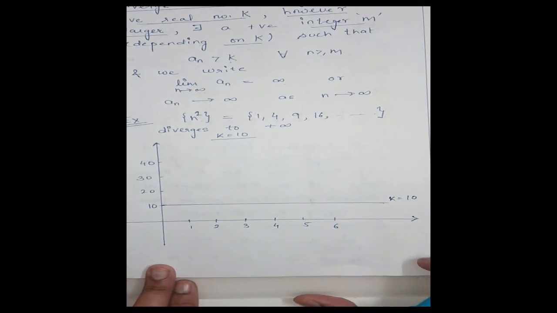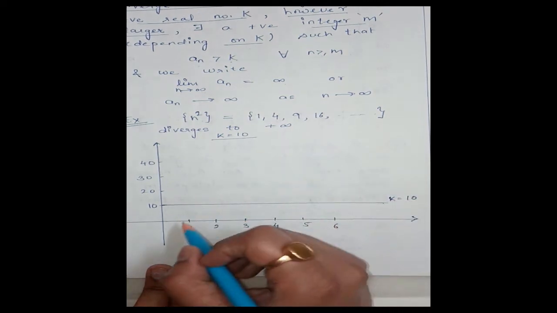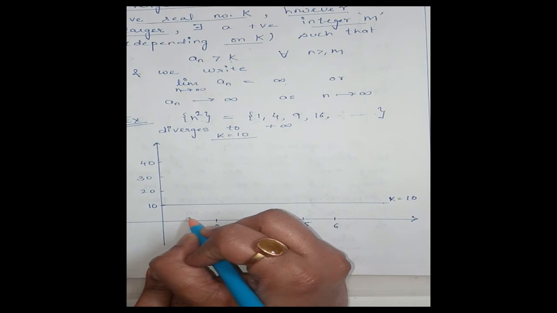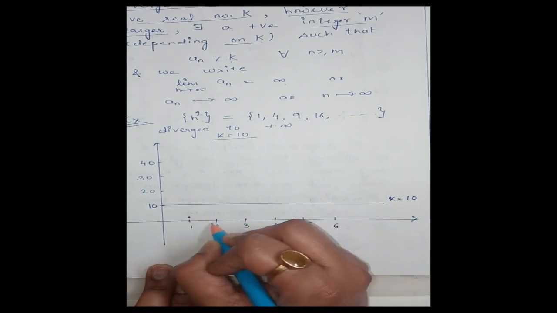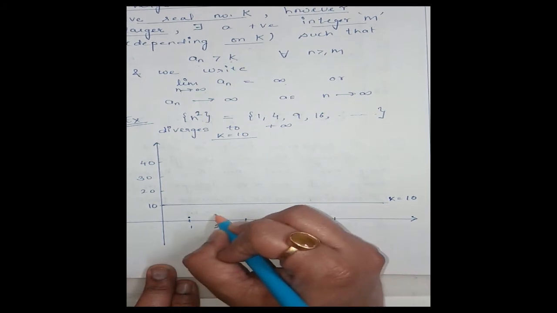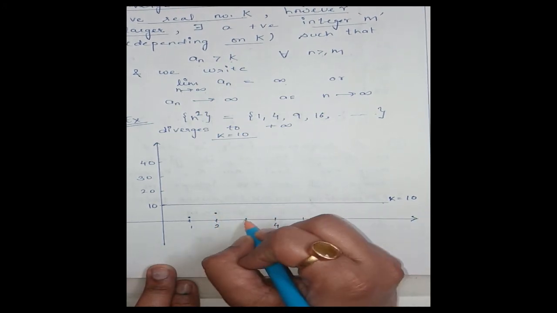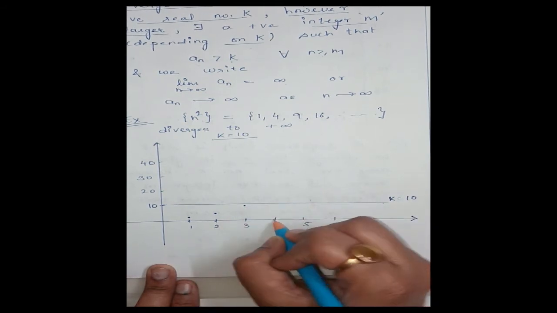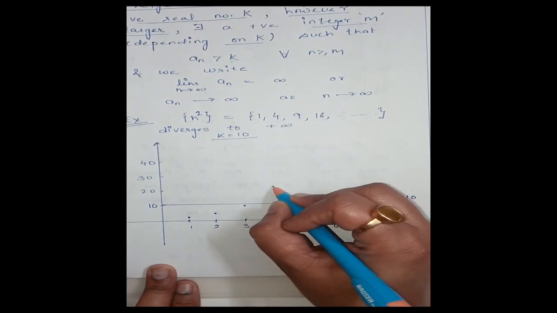When n is 1, n square is 1. When n is 2, we have 4. When n is 3, we have 9. And when n is 4, we have 16, which is somewhere here.